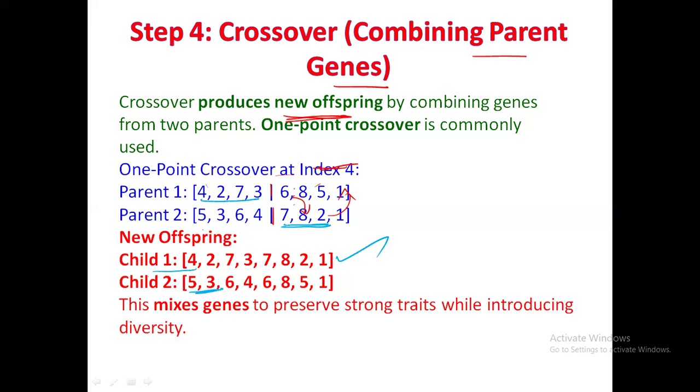Next, after reproduction, 5364 and this value 6851. This mixes genes of the parents to preserve strong traits while introducing diversity. So the crossover ensures that successful genetic material is passed on while introducing new diversity into the population.